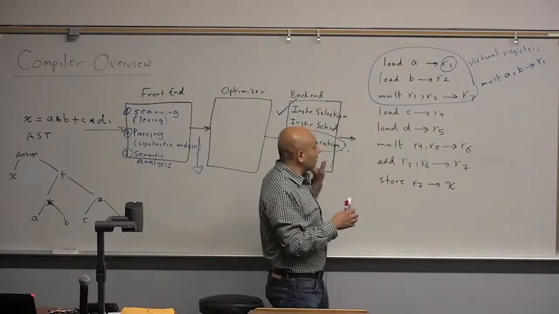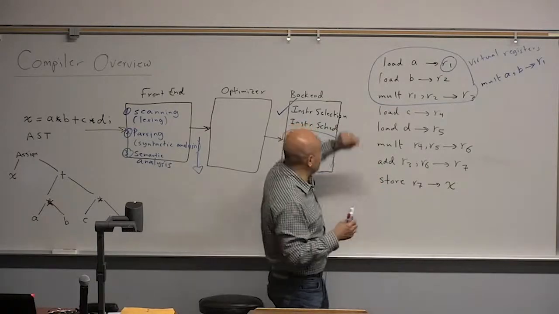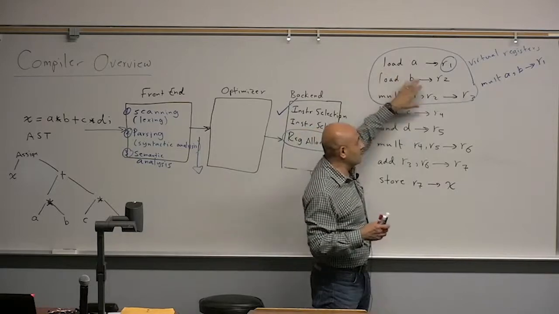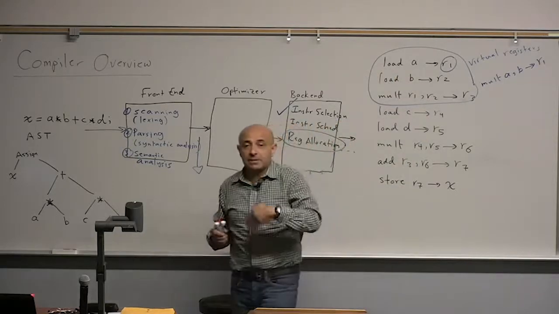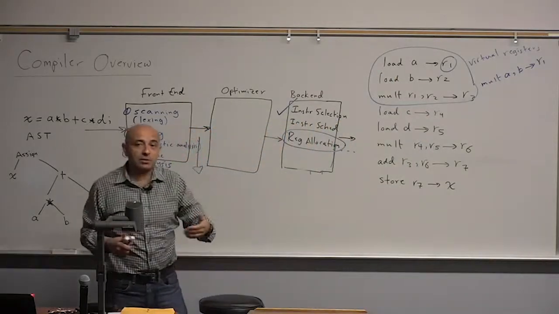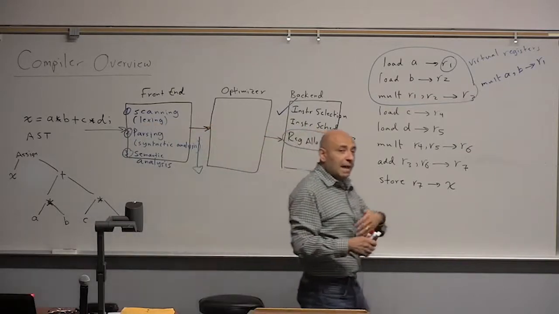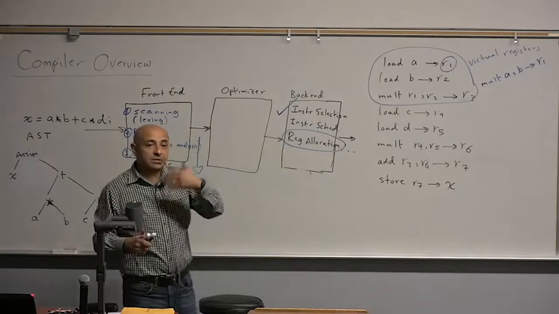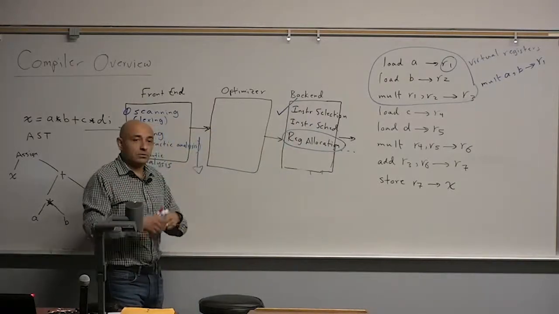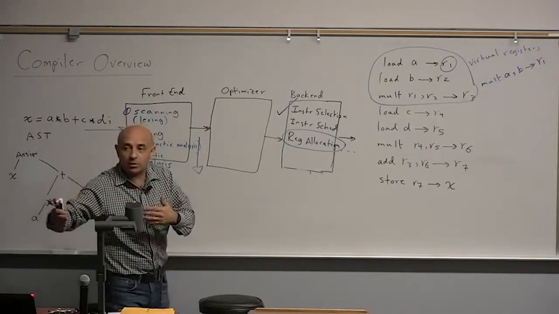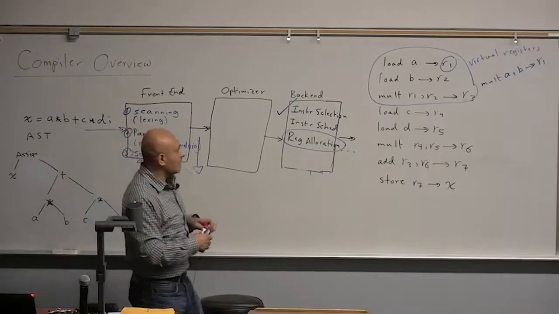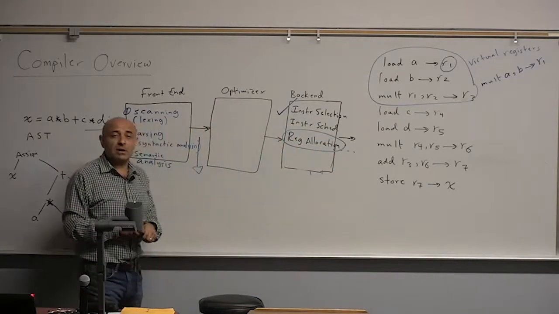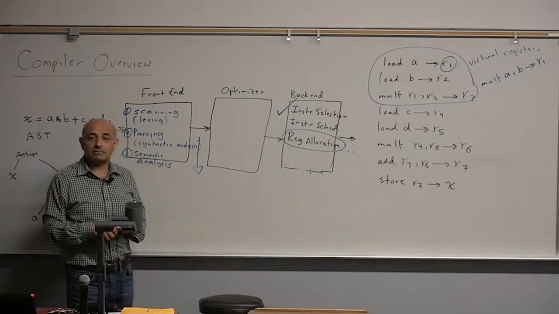But when it goes through instruction selection, it will select real, actual instructions. As you can see, we are making things more real. We start with virtual and abstract things, and little by little, gradually, we make them more real and end up with real code that will run on a real machine. Okay, so this is instruction selection. Questions on the concept of instruction selection?